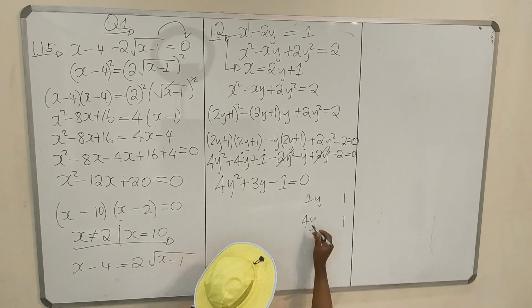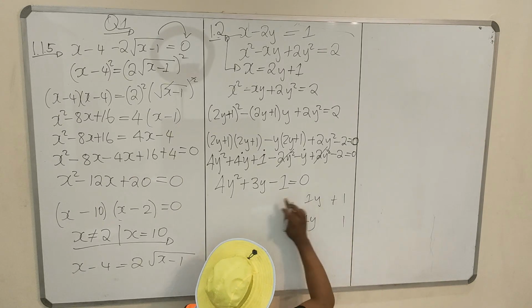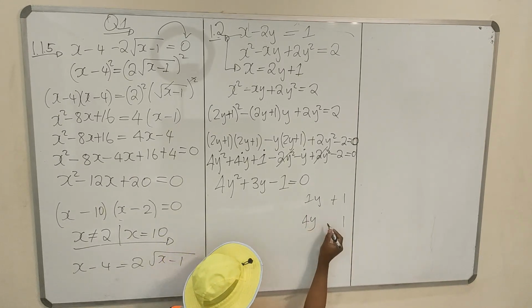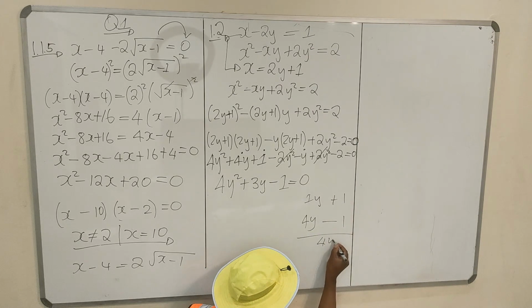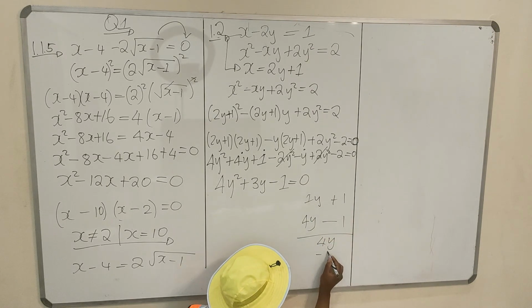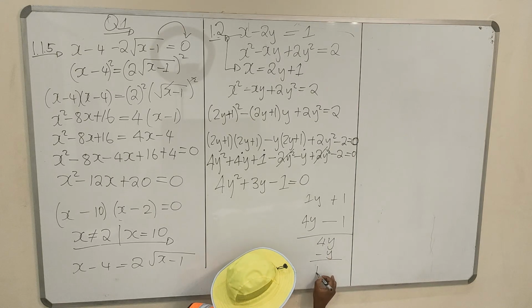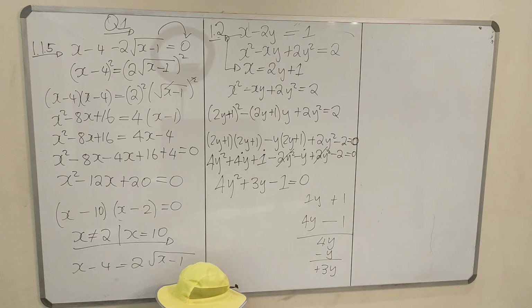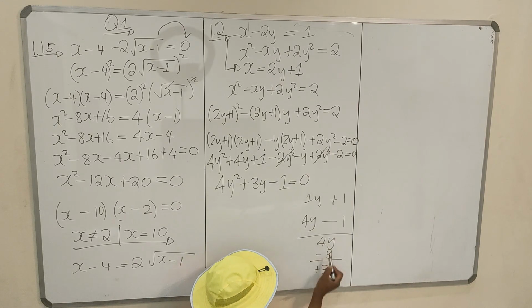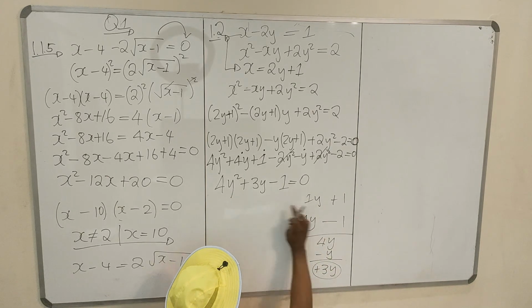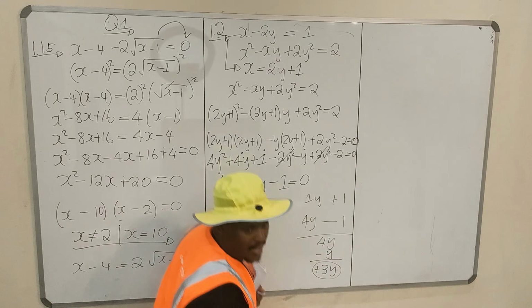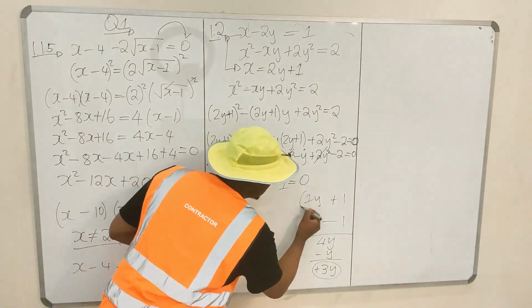So this cross multiplication will have the sign of the middle term, and this one will be negative. So this times that is 4y, and this times that is minus y. When you add them, it's 3y. So this is how you know that you are right. When you do this cross multiplication, it should give you the middle term. When you multiply these, they should give you negative 1. So these are your factors.